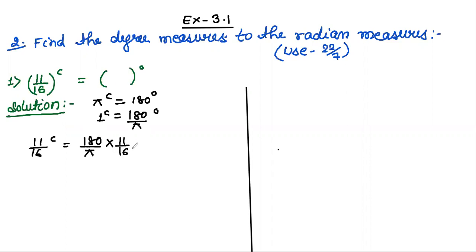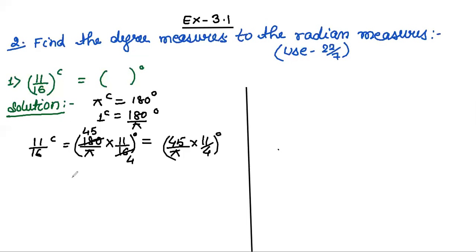So finally here, after calculating it, we can get here 45 by pi into 11 by 4 degree.